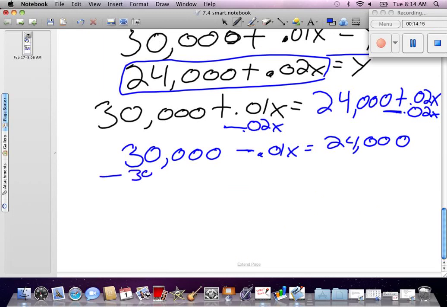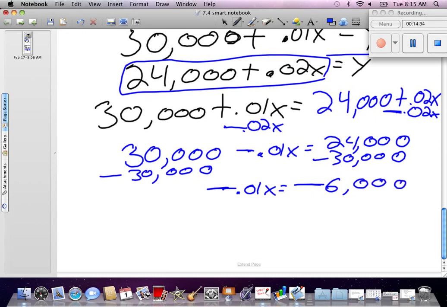Now I'm going to subtract 30,000 from each side. And I get negative 0.01x equals negative 6,000. And then I'm going to divide both sides by a negative 0.01.